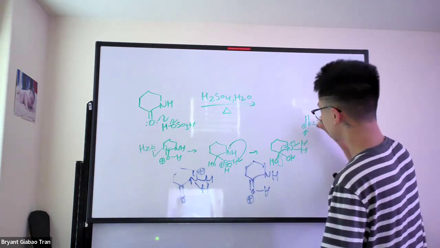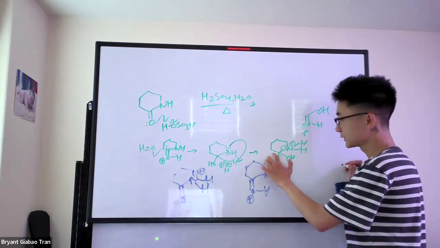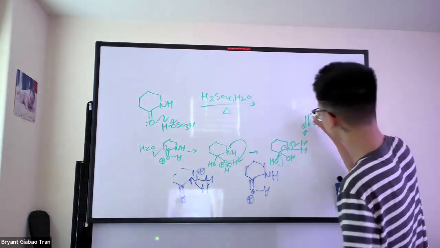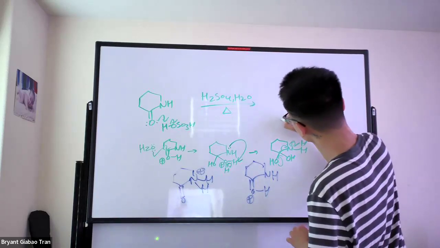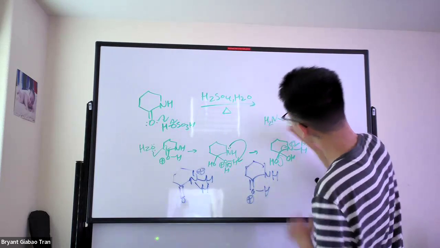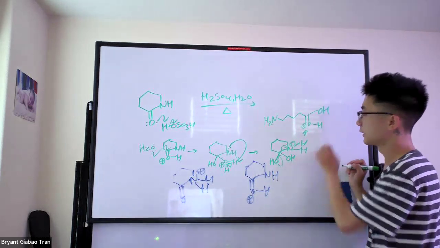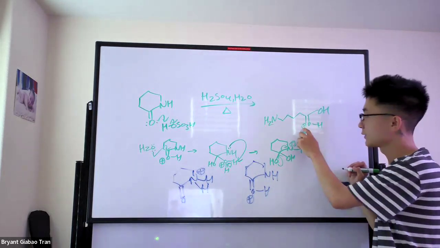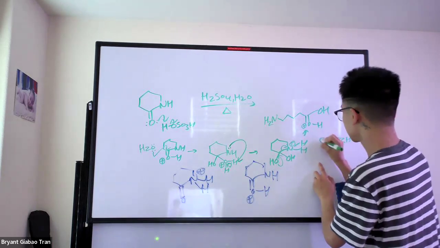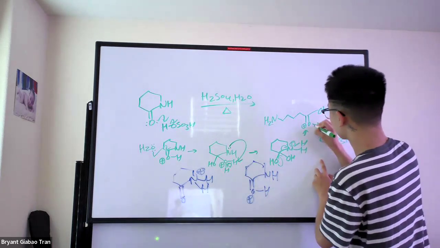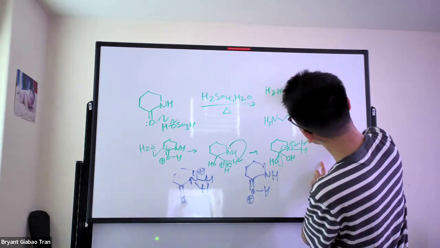The oxygen is still bonded to the hydrogen right there, OH. 1, 2, 3, 4, 5 carbons, and then the nitrogen, NH2. Now the very last step is to neutralize this carbonyl oxygen by deprotonating it with some kind of base, which in this case is going to be HSO4 minus, giving us this final answer here.